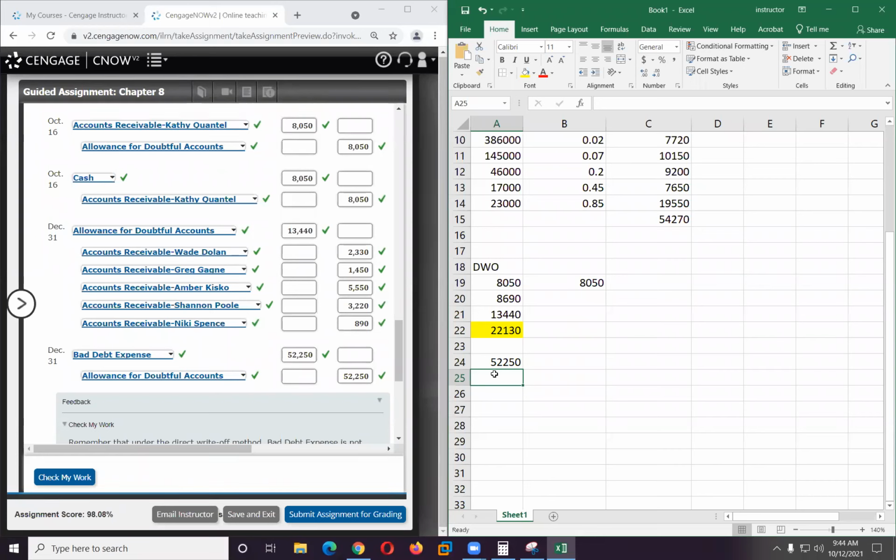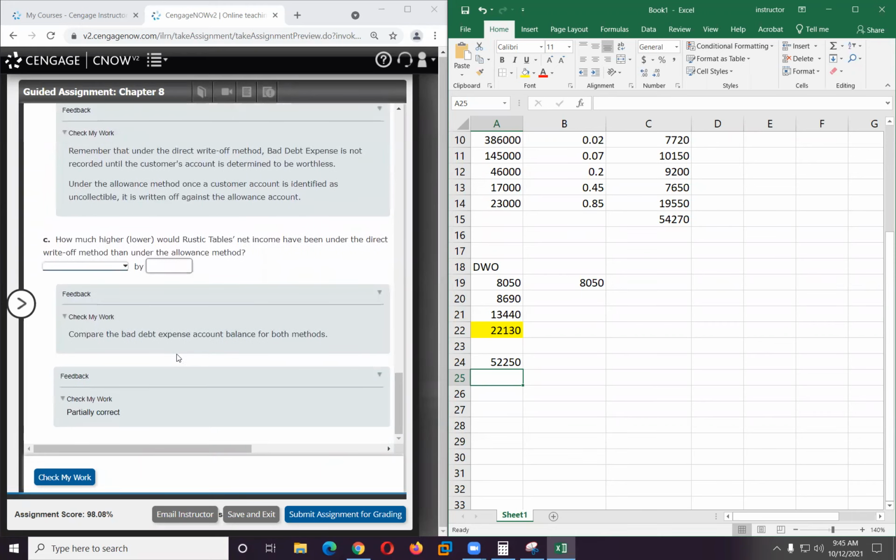So we would say, what did the question ask us? It says, how much higher or lower would Rustic Table's net income have been under the direct write-off method than under the allowance method? So under the direct write-off method, since there was less expense, the net income would be higher. And by how much? Well, the difference between the two. 52,250 minus 22,130.